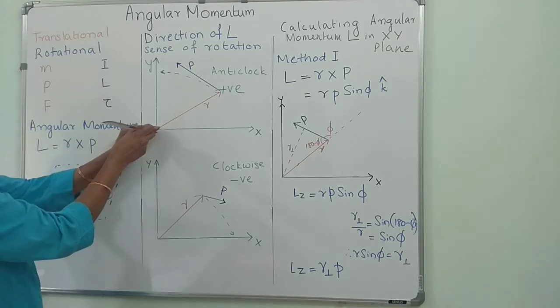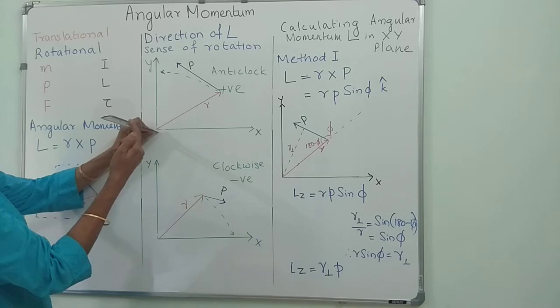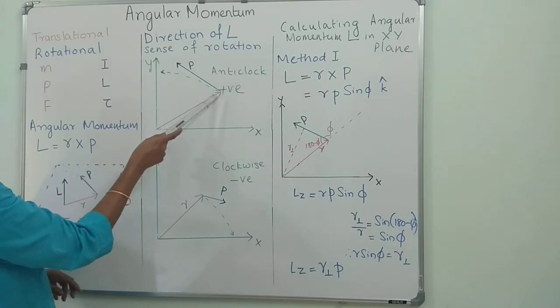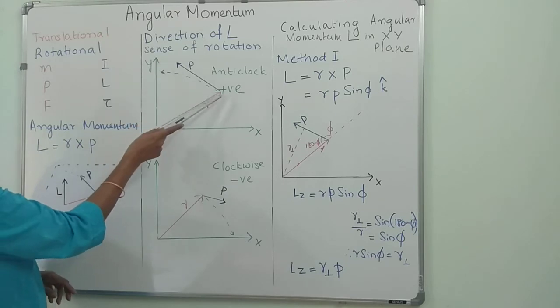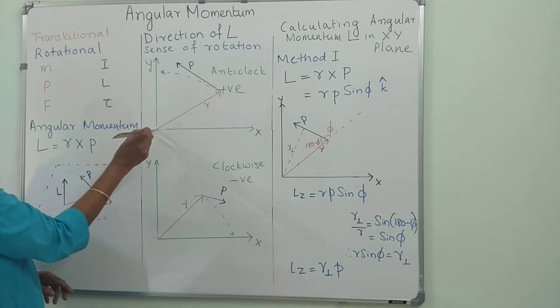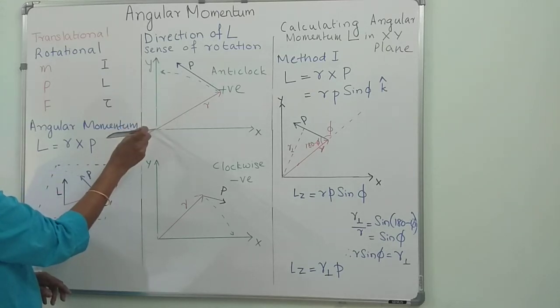So if I take this as the positive z direction, along this direction I have the angular momentum, because anti-clockwise direction is considered to be positive. This momentum is acting in such a manner that it is rotating in the anti-clockwise direction, so I get angular momentum Lz along the z direction. Angular momentum L is along the positive z direction.